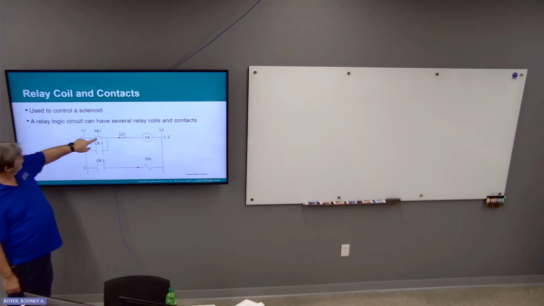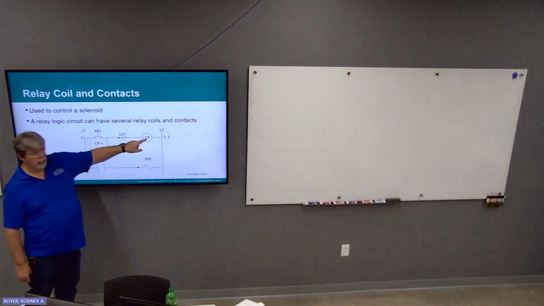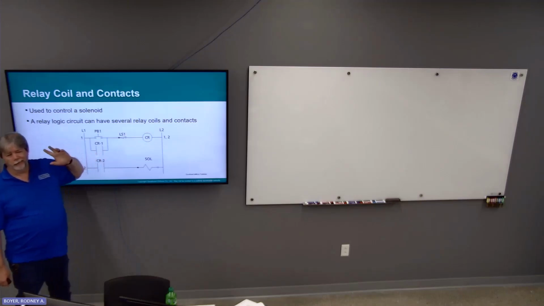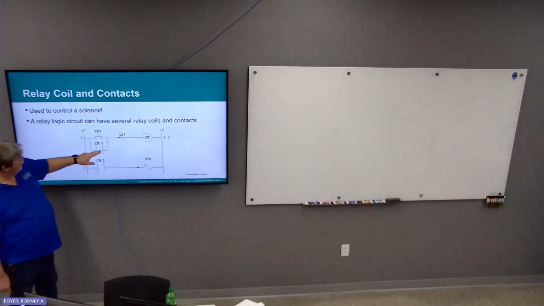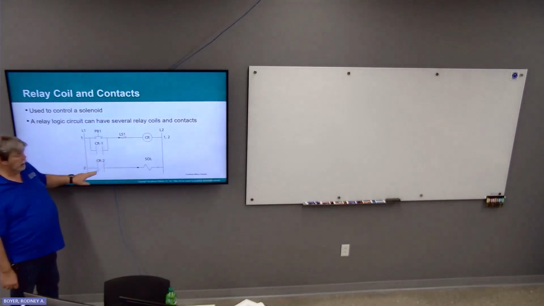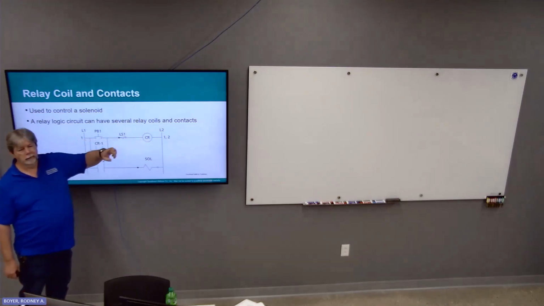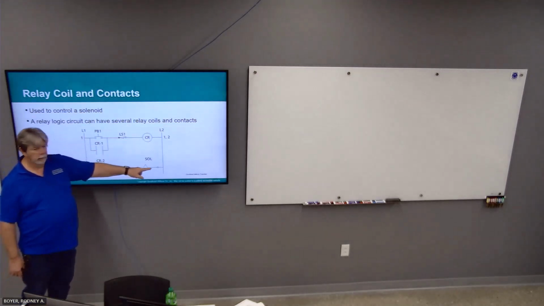And now power can flow through PB1, through LS1, energize the CR. Okay, you with me so far? When CR energizes, it's going to close this contact, it's going to close this contact. Okay. Now I can let go of the push button because I have a path of current flow this way through limit switch there and through to the solenoid.